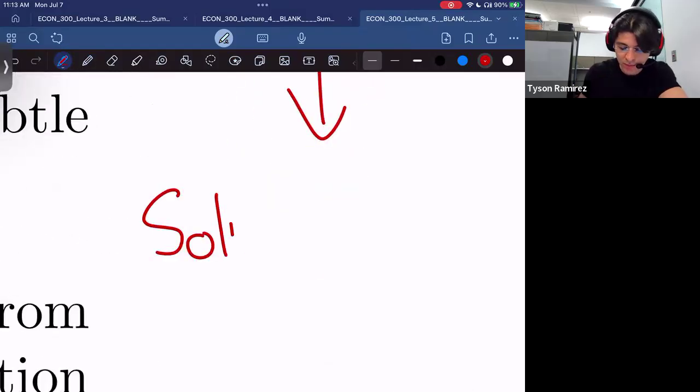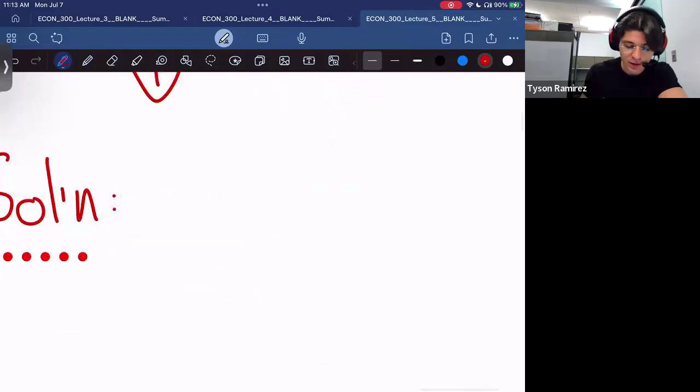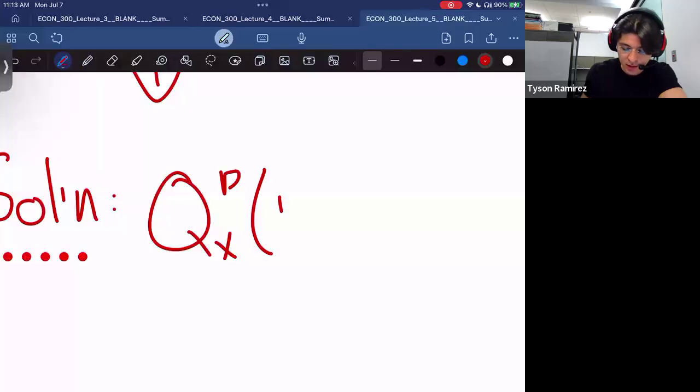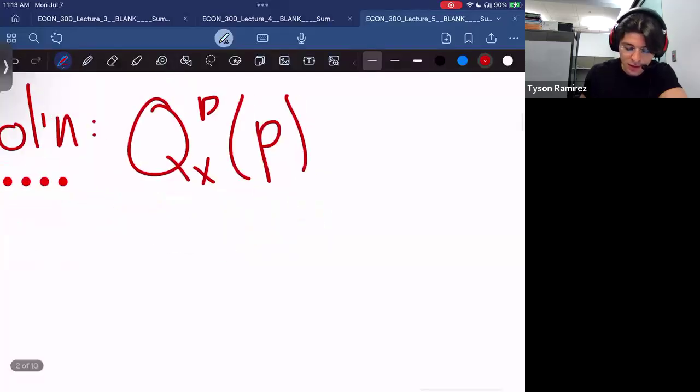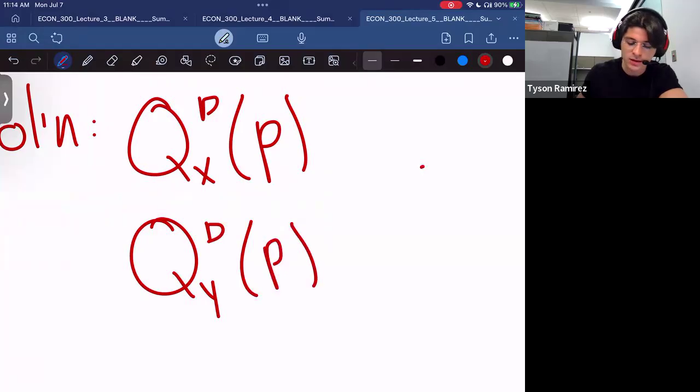You're going to get the optimal, as you've seen in your problem sets, an optimal quantity demanded for good X and Y. All right. And so you'll see something like a quantity of good X demanded, which is a function of its price. You'll see a quantity of good Y demanded, which is also a function of its price.